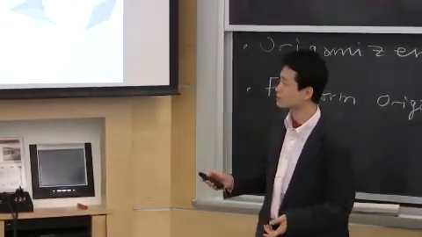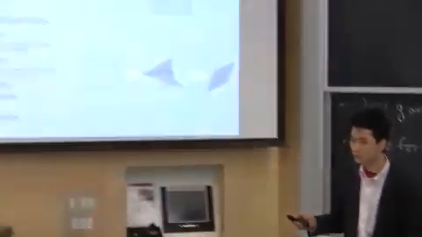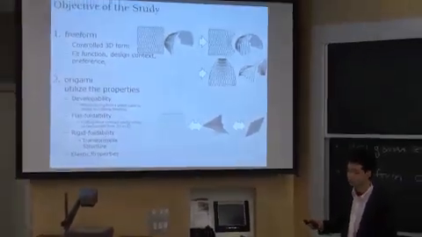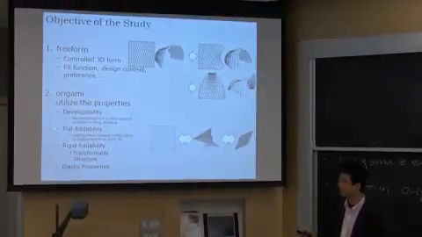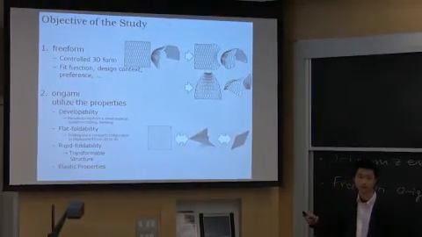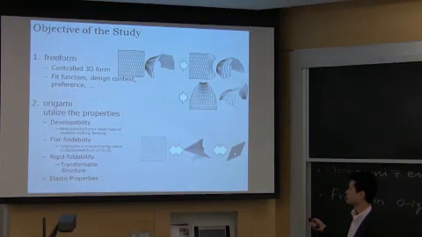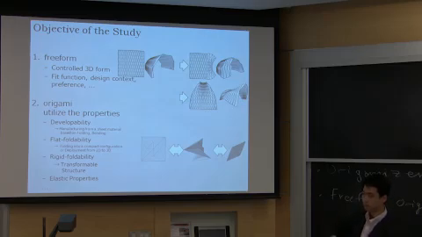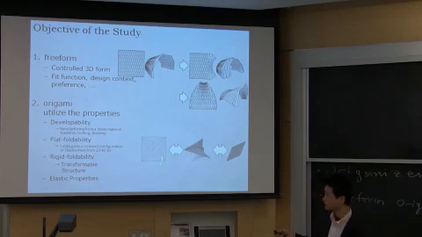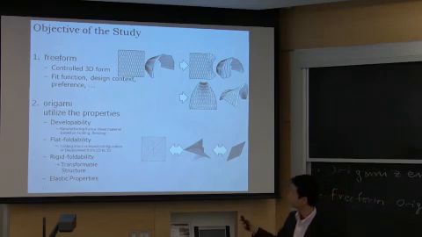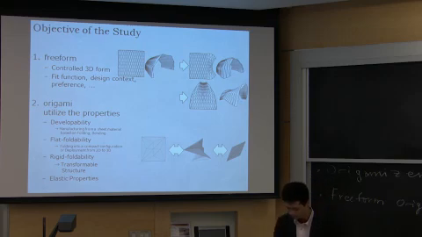Also, we want some conditions, not only developability, but conditions that most origami has. This is flat foldability, so that it folds flat, and also transformability or elastic properties. So we want to use these good properties from origami while making freeform surfaces.